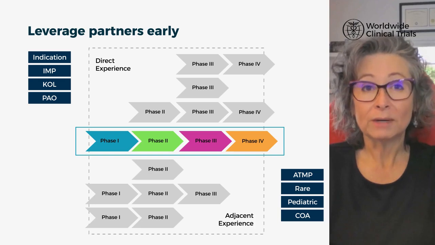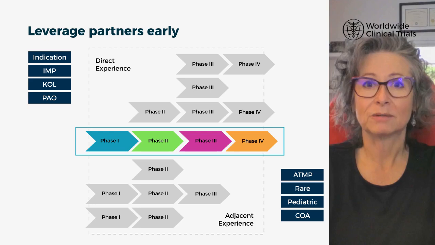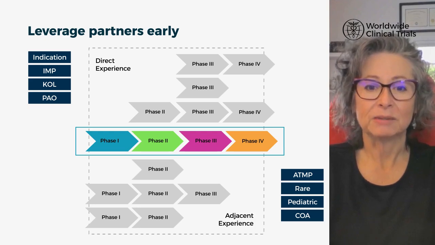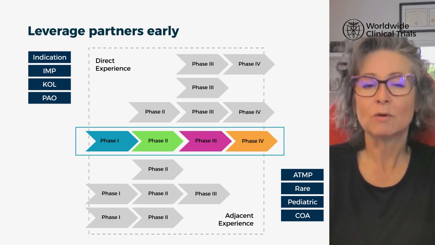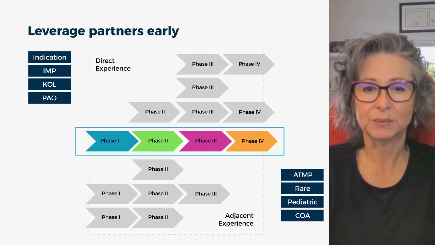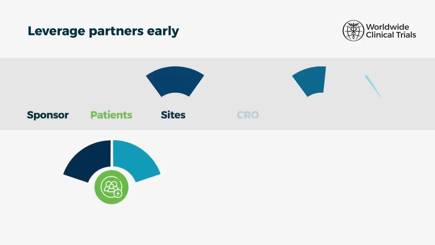Maybe we already have relationships with patient advocacy organizations and can make those introductions, in addition to the adjacent experience that we bring to every program that we work on, that collected experience and how it overlaps with the next thing we're going to do. So your CRO partner should be helpful as early as possible, gathering and sharing insights for the right year at the right time for that maximum benefit.